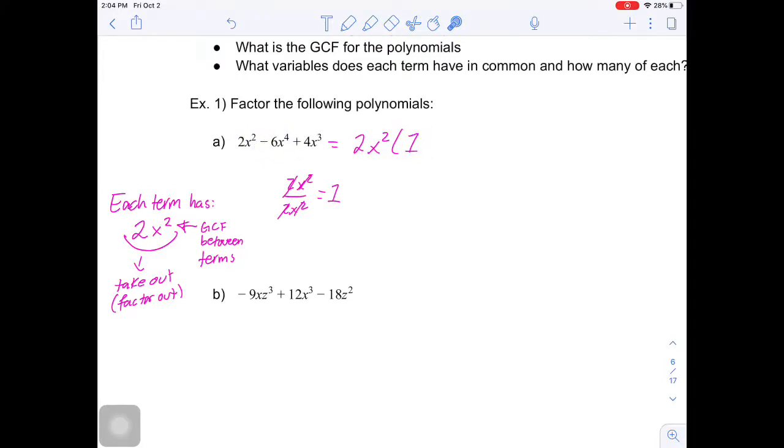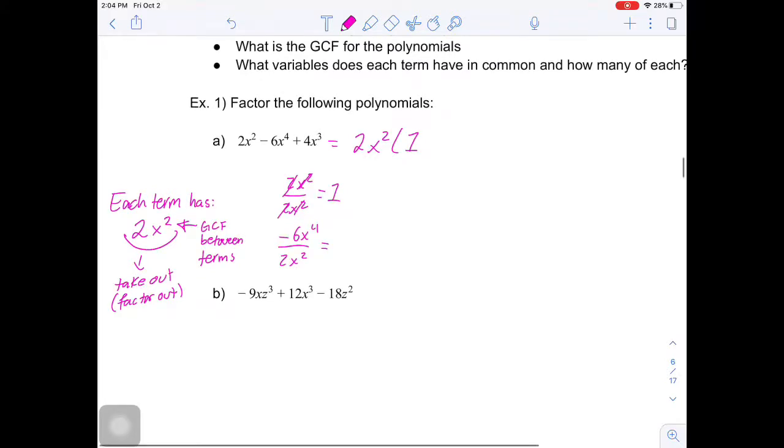So now that I've taken 2x squared out, I just have 1. I'm going to divide our second term by 2x squared. So negative 6x to the power 4 divided by 2x squared. 6 divided by 2 gives me 3, and remember that negative value is going to follow along. Negative 6 divided by 2 is negative 3. X to the power 4 divided by x to the power of 2.